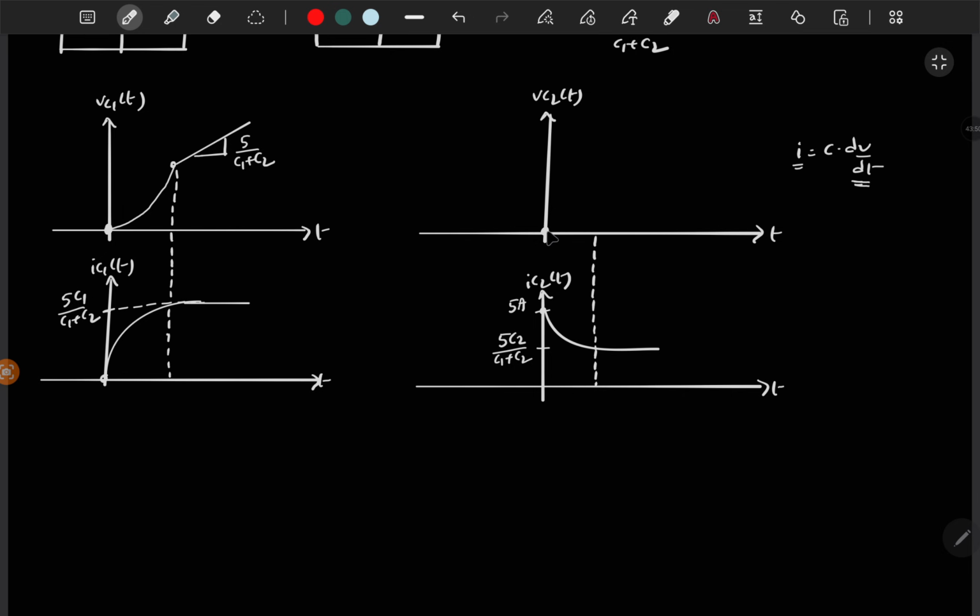This is the higher slope, right? This is near to the y-axis and this is near to the x-axis. So this is how it looks like. And then from here it should charge linearly and go on increasing.